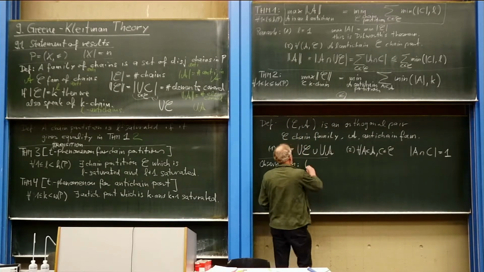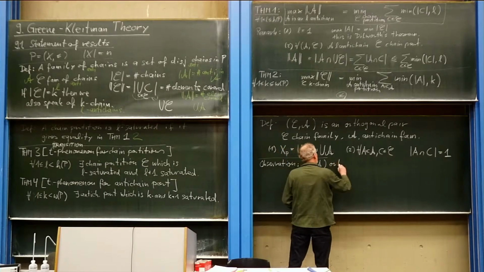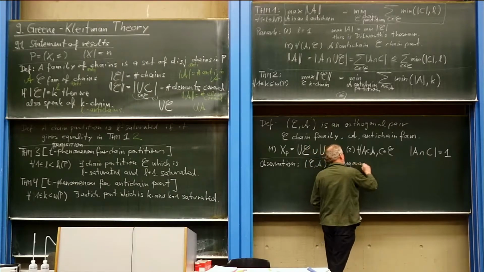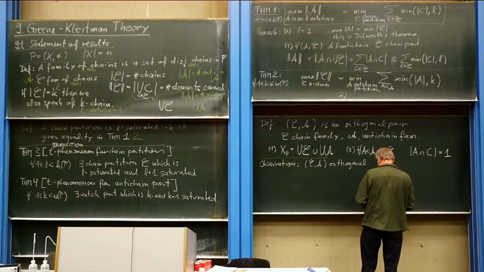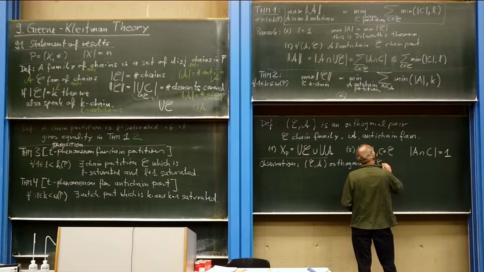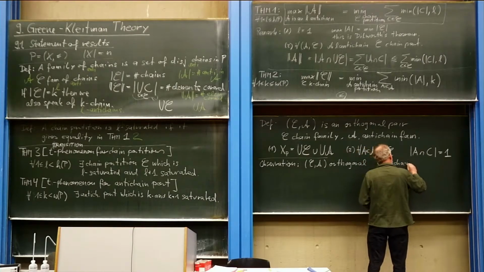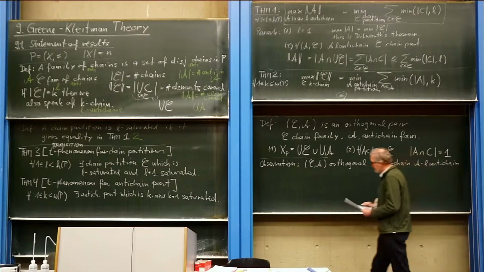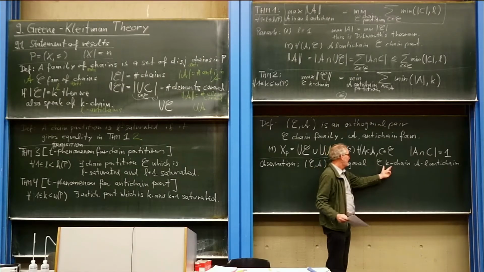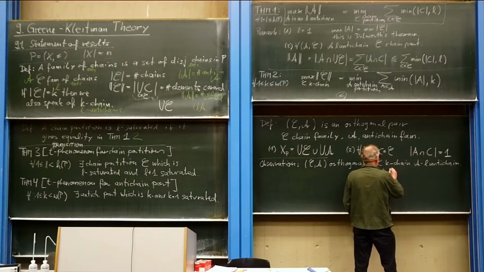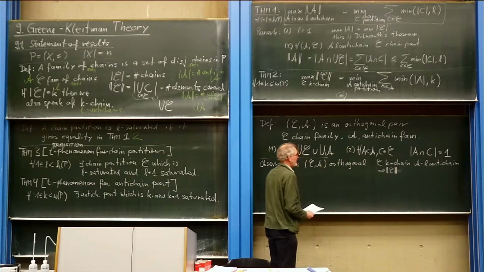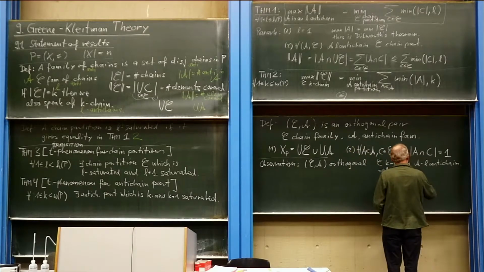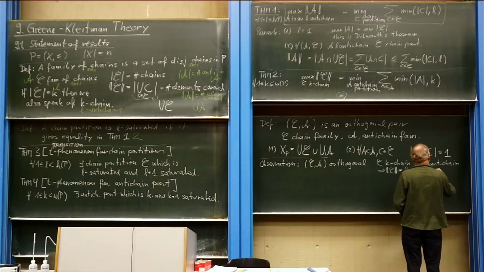If we have an orthogonal pair, and C is a K-chain family and A is an anti-chain family, then the claim is that the number of elements covered by C is equal to H_K, and the number of elements covered by A is equal to W_L.